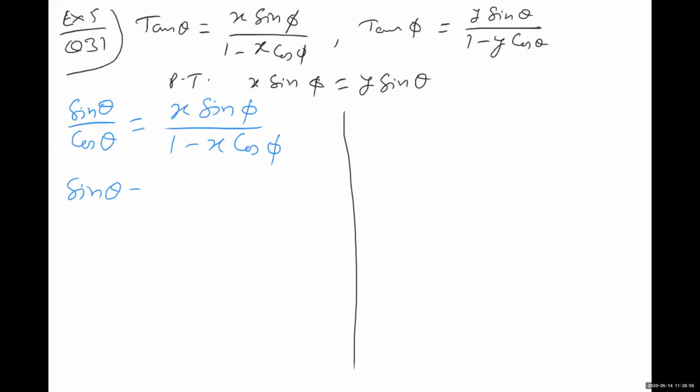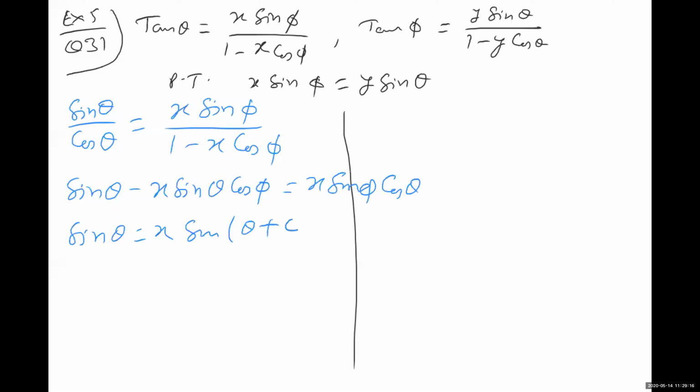Keep on trying. So sine theta minus x sine theta cos phi is equal to x sine phi cos theta. So sine theta is equal to x times (sine A cos B plus cos A sine B is equal to sine of A plus B), sine of theta plus phi. This is equation number 1, for example. Now solve similarly this, which is y sine phi upon cos phi.